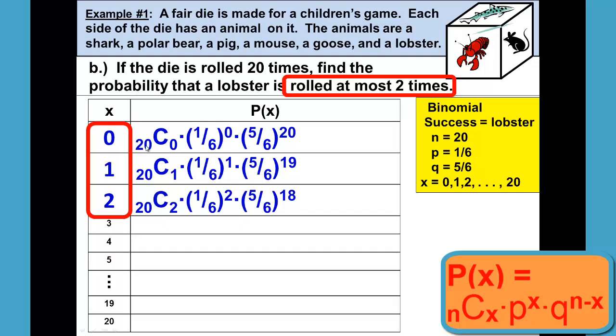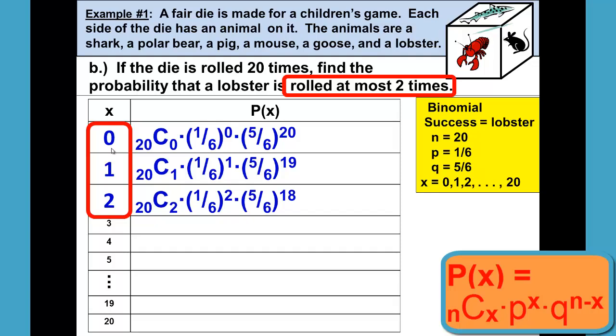The total of 20, choose 0 for x equals 0 successes. 1/6, the probability of success, raised to the 0 power, the number of successes, times 5/6, the probability of failure, raised to 20, the number of failures. 20 minus 0 gives us 20 failures.